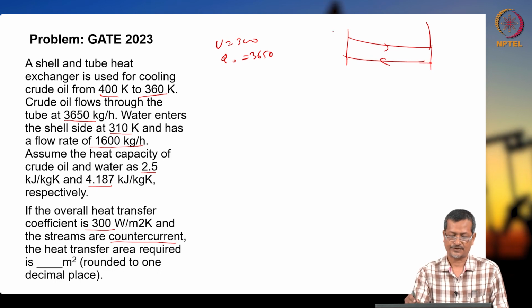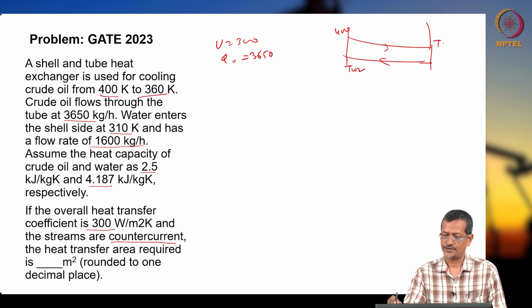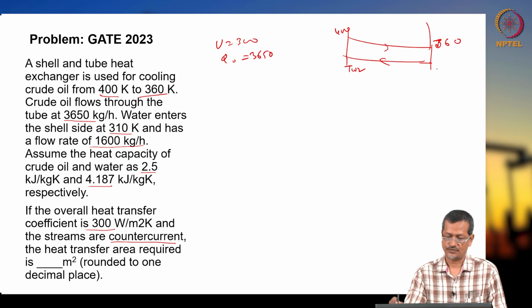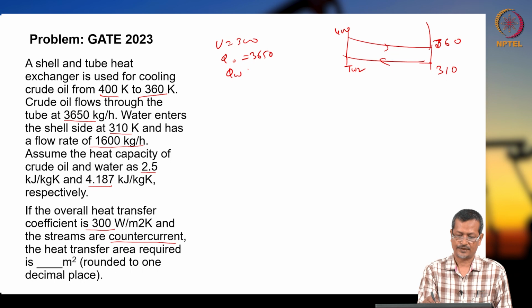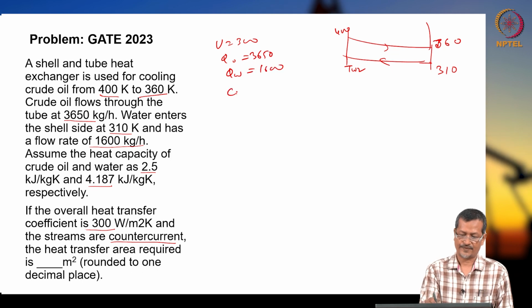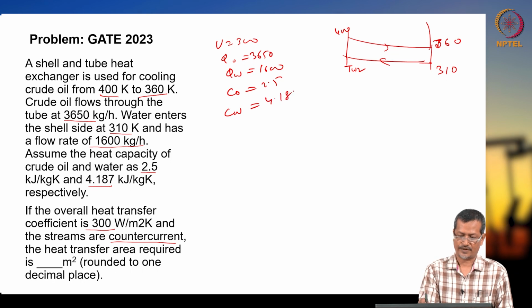this counter current heat exchanger, 400, TW2, 360, 310. QW given 1600, CO given 2.5, CW given 4.187.